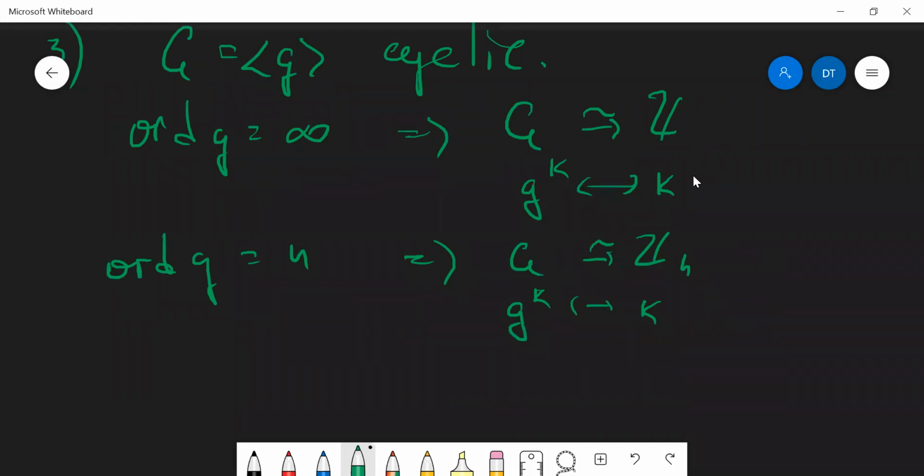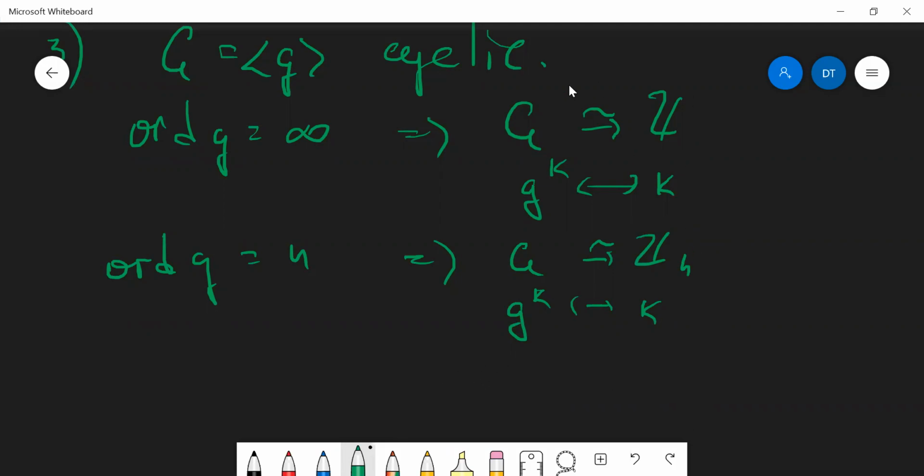It's either Z or the group of all remainders modulo n. This is why these two groups are important, because they describe all possible cyclic groups up to isomorphism. So there are no other cyclic groups. If you are given a cyclic group of order n, you may assume immediately that this group is Zn. That's it.